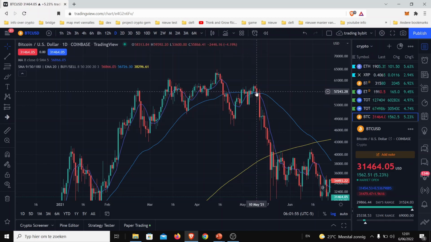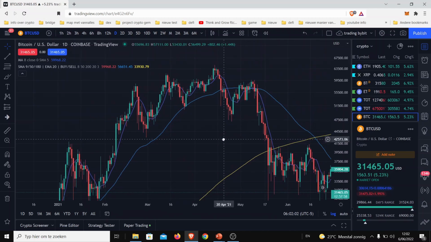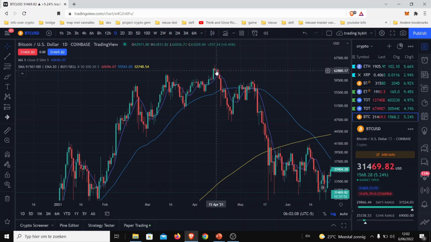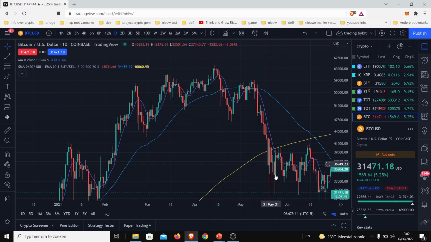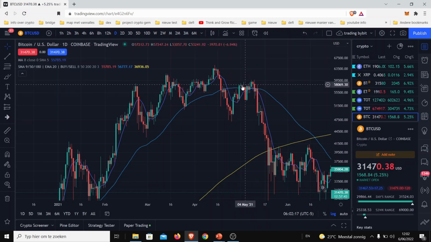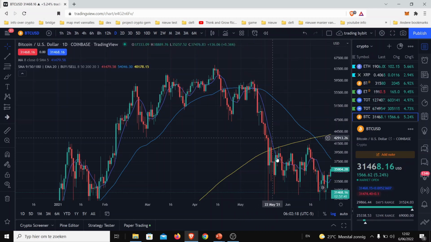We came back to retest it to say, okay, this market is finished and we are going downwards. So if you would only have worked with the moving averages 9 and 50, you would be able to predict that in April of 21, and everybody knows this crash, that we went down, and then we retested this part, that we were not able to break through it, and that we just continued downwards.